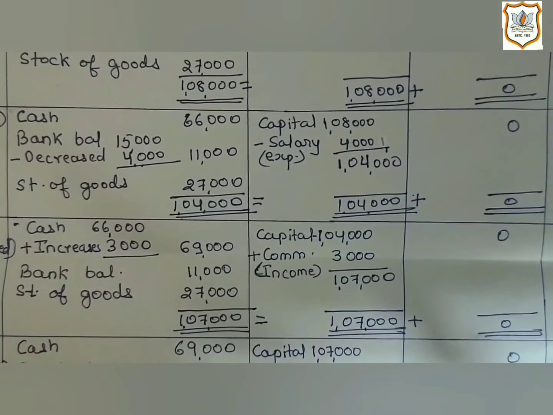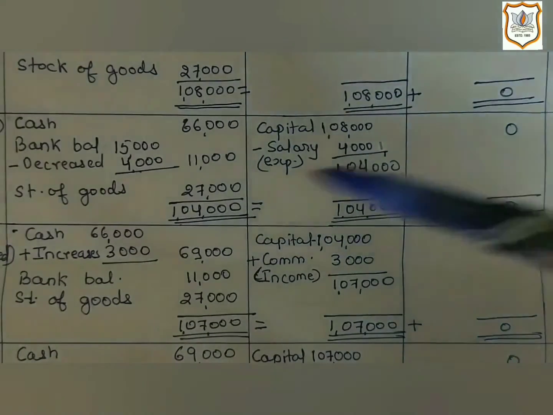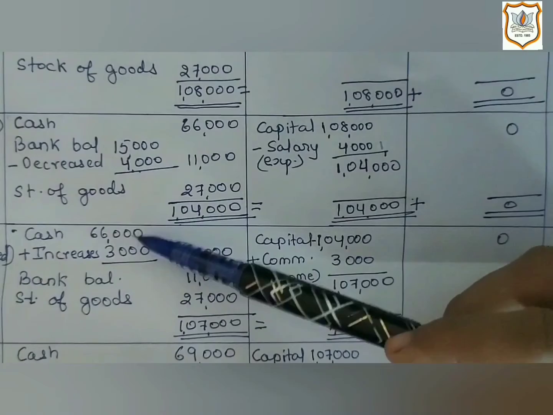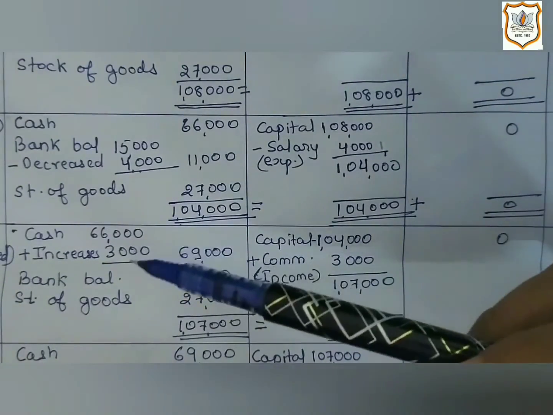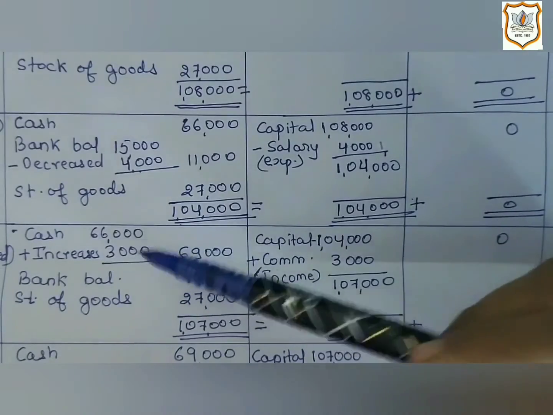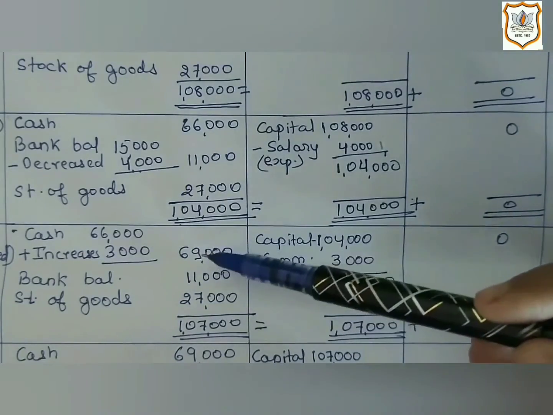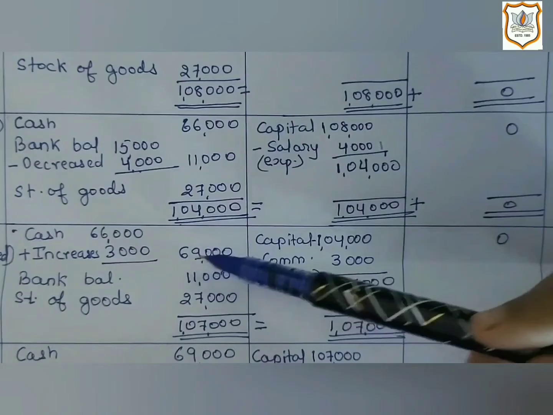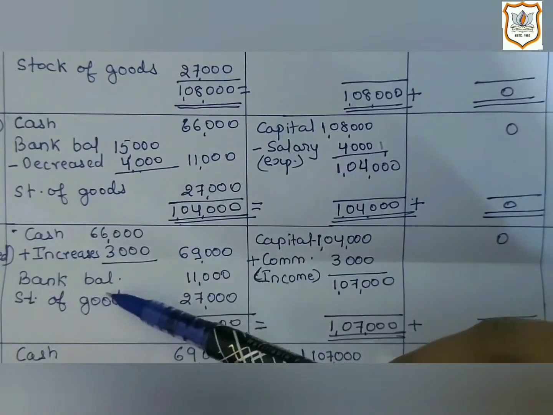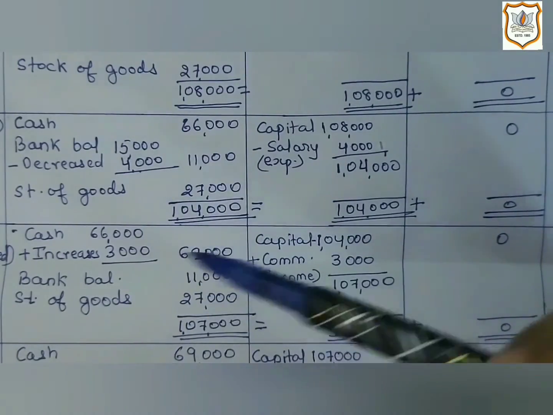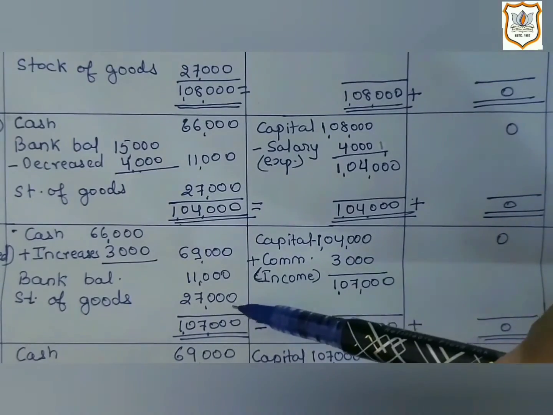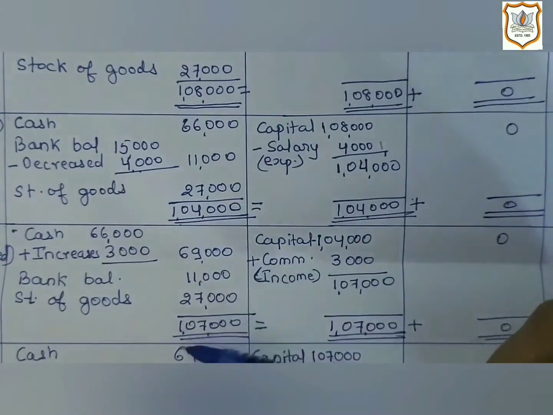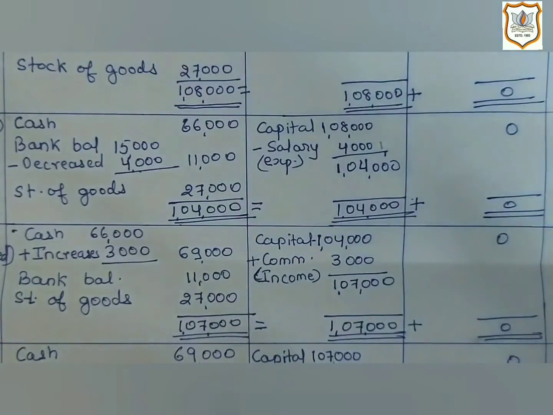Here earlier the cash balance was 66,000, and as now we have received commission of 3,000, we will add this. Now our cash balance is 69,000. Bank balance would remain the same at 11,000. Stock of goods would remain the same at 27,000. Now our total asset is 1,07,000.